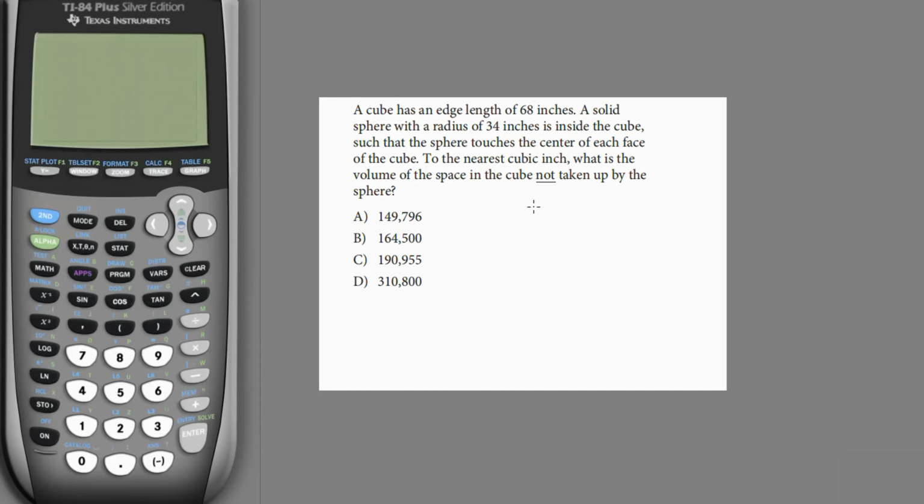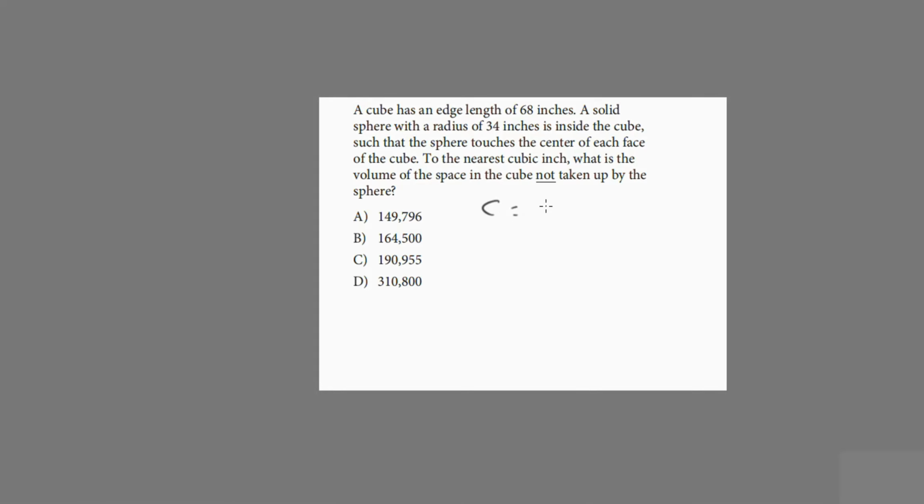Alright, so guys, this question is under measurement, so we are going to need the formulas for the volume of a cube and a sphere to be able to solve this. So let's begin with getting the formula for their respective volumes. The volume of a cube, the formula is the side length cubed.